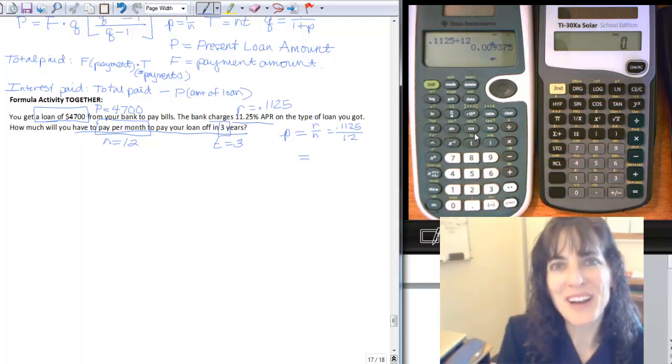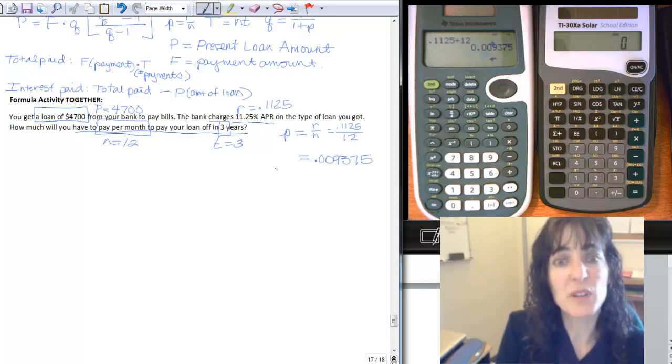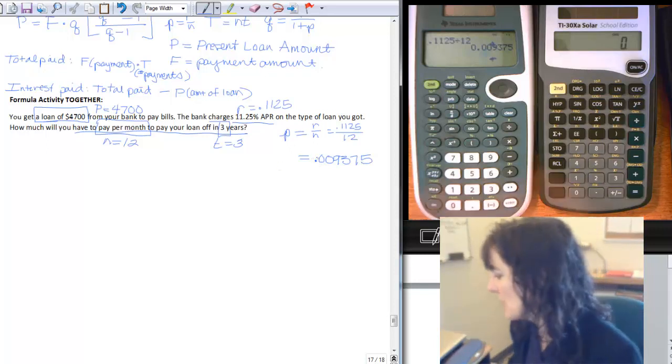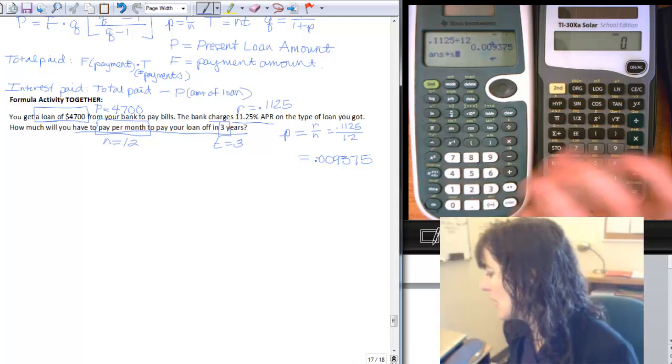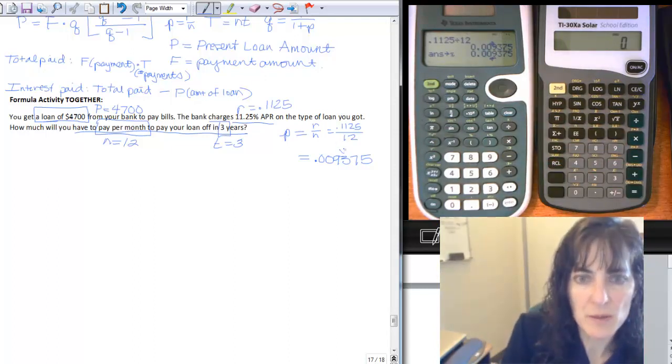Remember, that's my periodic rate as well, and I have 0.009375. It looks like that one terminates, but it is kind of a long one, so I am just going to store it in X, and I'll put a little symbol above here so I know where I stored it.